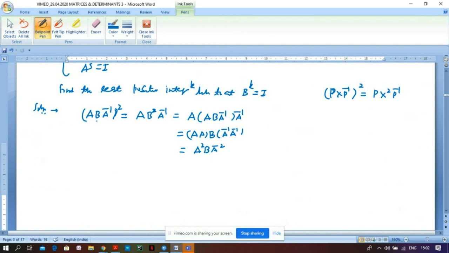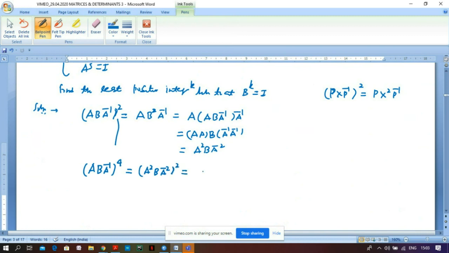So that is A squared. From this step, there is some improvement. Powers of A are rising now. This is just one power, now A squared is there. If we continue further, A inverse to the fourth power, I write the square of this one, that is A squared, B, A minus 2, squared.